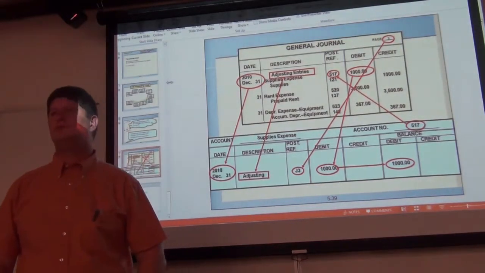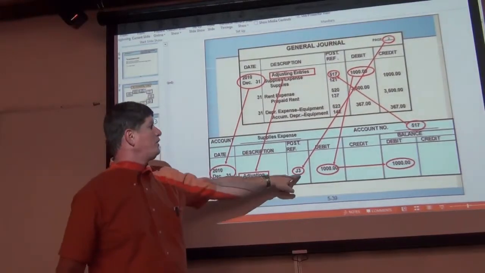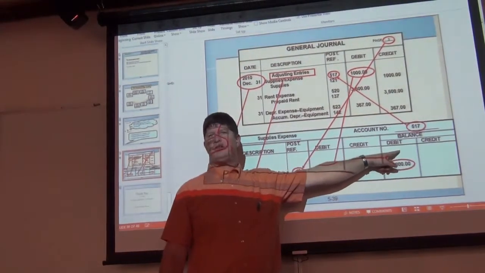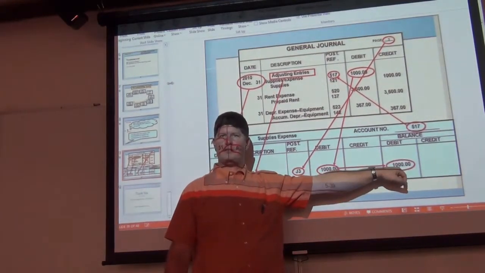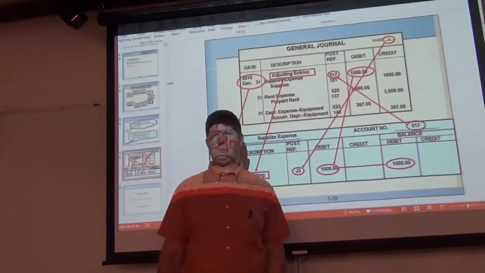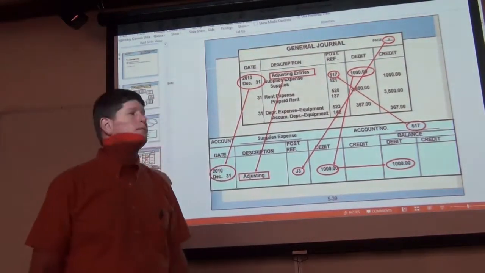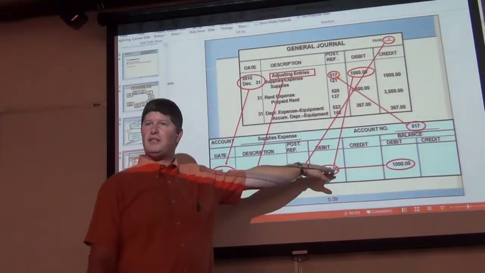Typically, you would have a running balance. This is obviously the only entry to this account, or there would be a beginning balance or a balance above this, and you'd be adding debit to come up with the new balance. Because some of the examples have a running balance and some don't. Normally, I mean, it's supplies expense. And remember, there was a zero balance in this account before we made the adjustment.